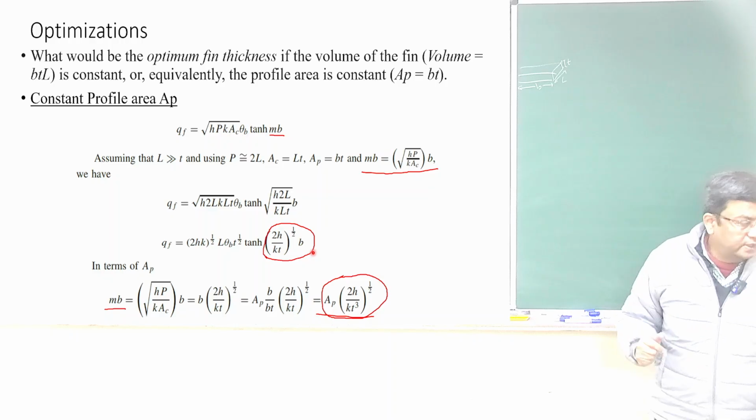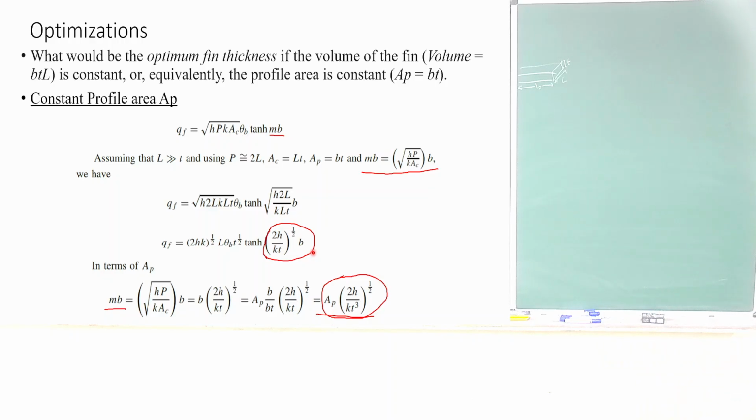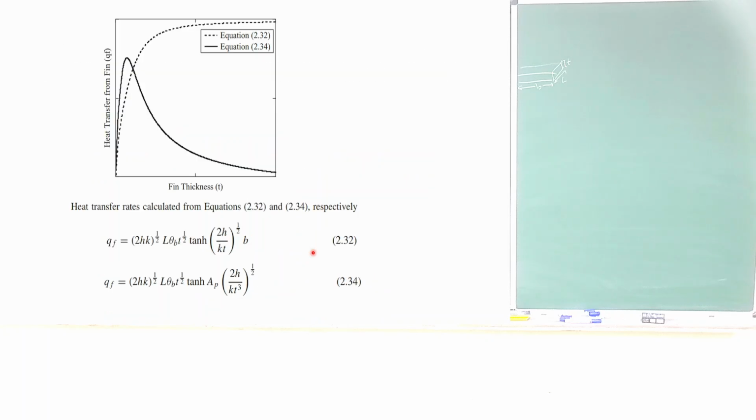for that particular profile area. Now, what we saw is that, this is again the thin fin expression, the first one, and the second one is in terms of AP. And I had plotted both these expressions in class, and we saw that the first expression, equation 2.32, just shows a monotonic increase in heat transfer with increase in fin thickness.